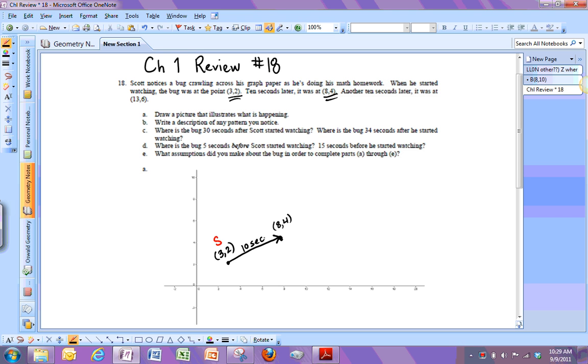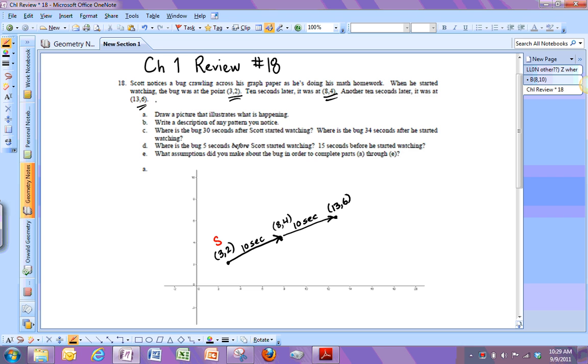Okay, 10 seconds after that, it's at (13, 6). So 13 is about here, 6 is here, (13, 6). And that took 10 more seconds. Okay, so that's this one. All right, so draw a picture, done.